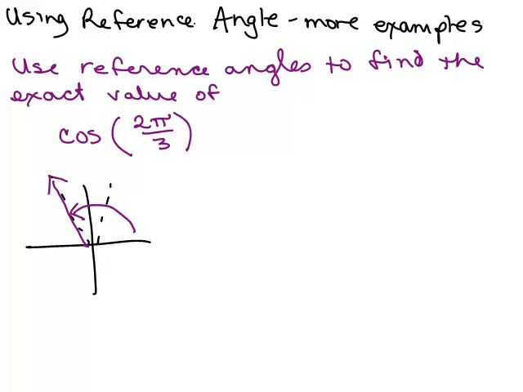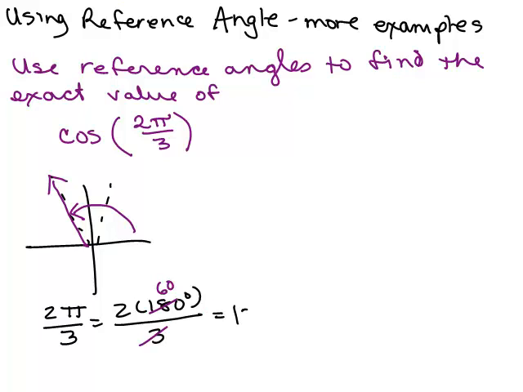If you change 2 pi over 3 to degrees, you could just substitute that 180 in for the pi, since that's exactly the same thing, and notice you would get 120 degrees. So it's up to you whether you want to think in terms of radians to draw where that is, or change it to degrees and then see where that is.